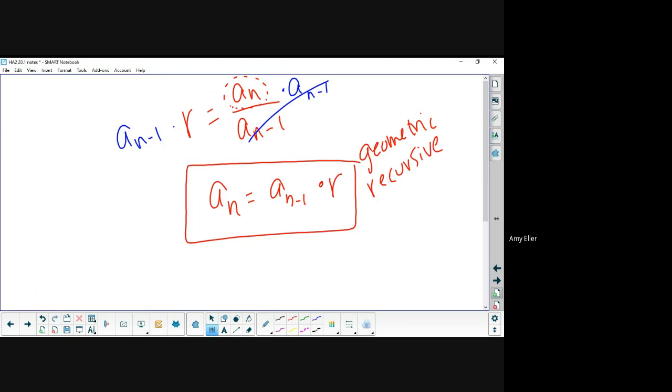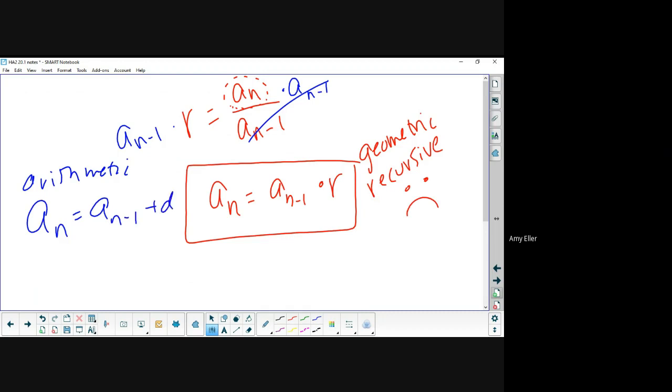Do we generally like recursive formulas? No, because you have to know the term before it. So this one is not going to be a main part of any quiz or test. Your recursive formula for arithmetic, you don't have to recopy it, was any term would be the term before it, and we added the difference to it.